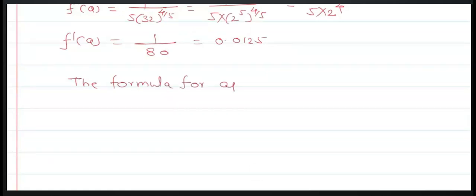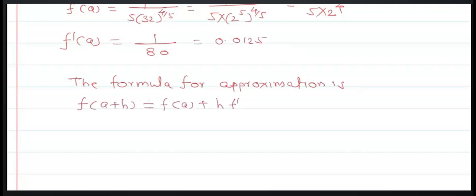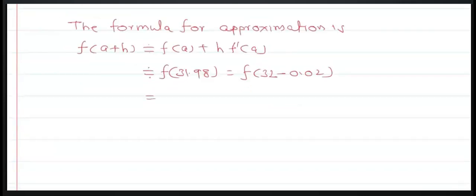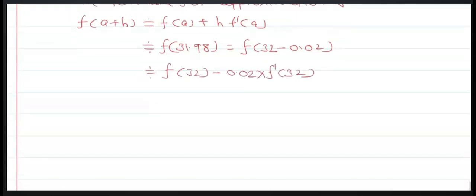The formula for approximation is f of a plus h is approximately equal to f of a plus h into f dash of a. f of 31.98 is equal to f of 32 minus 0.02, that is f of 32 minus 0.02 into f dash of 32.